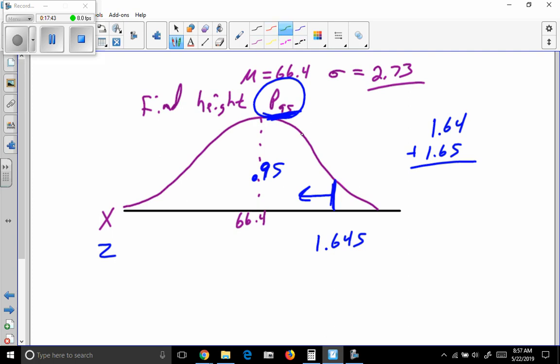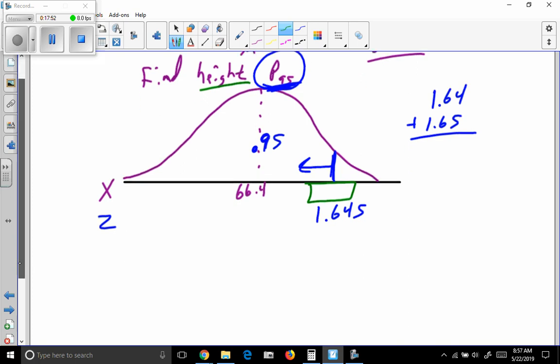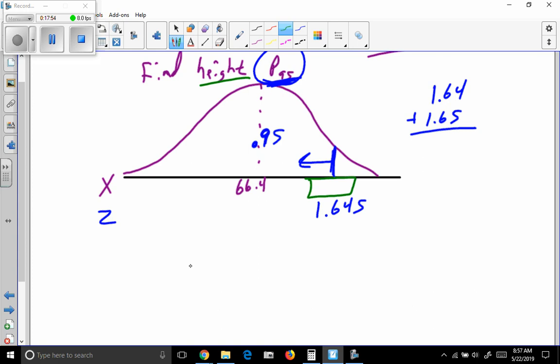We're asked for the height, so we're looking for the x value that corresponds to that. But remember, we have a relationship between z-values and x values. A z-value is always the x value minus the mean, divided by the standard deviation.